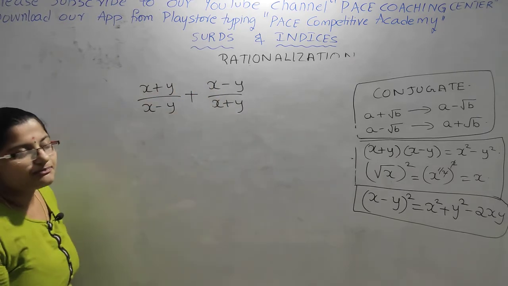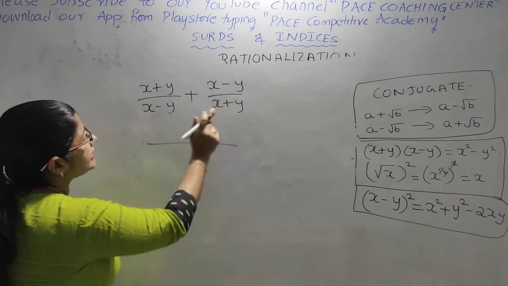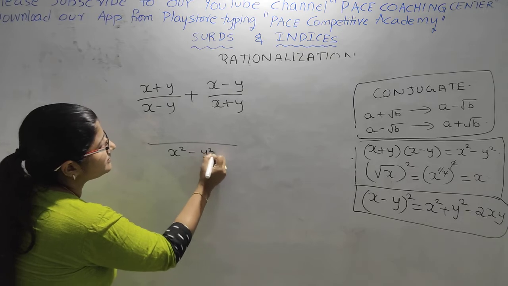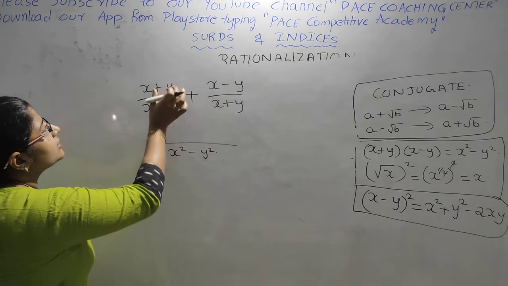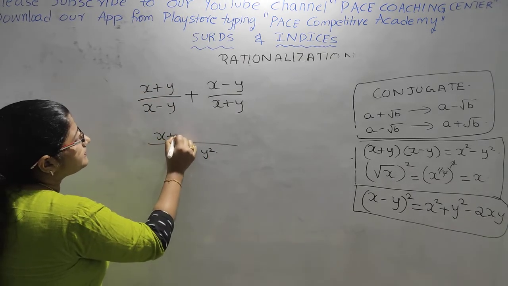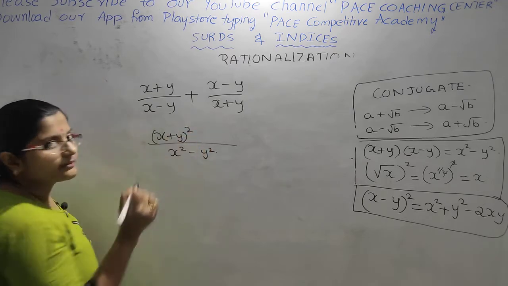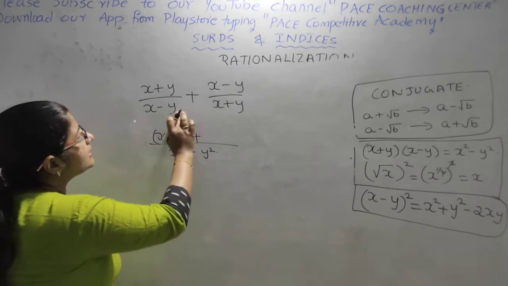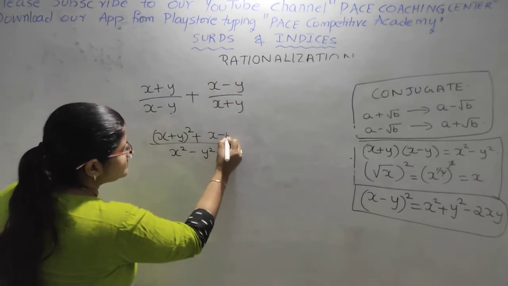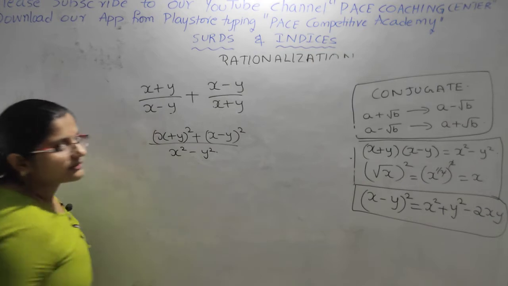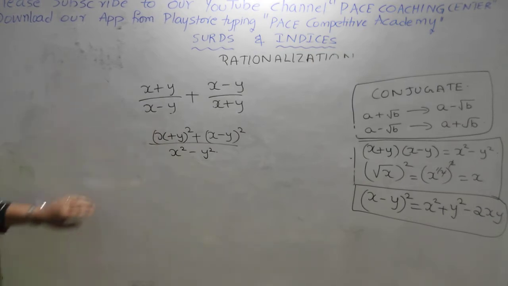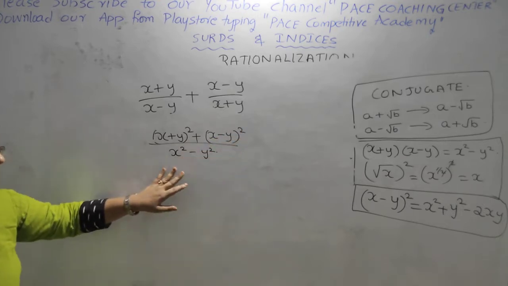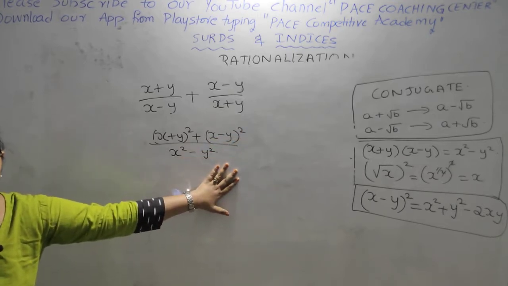In order to simplify this, simply do the multiplication like this. Simply take the LCM. The LCM is x minus y into x plus y, which is x square minus y square. So by taking the LCM you will get x plus y whole square plus x minus y whole square, divided by x square minus y square.